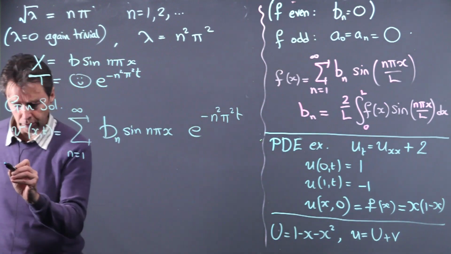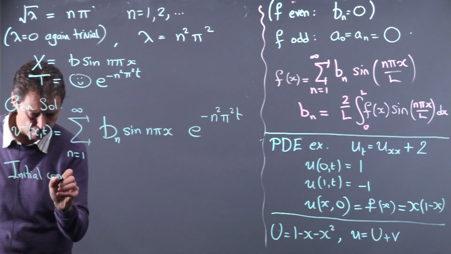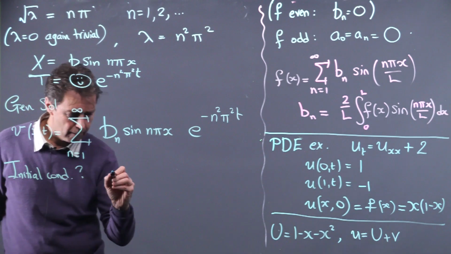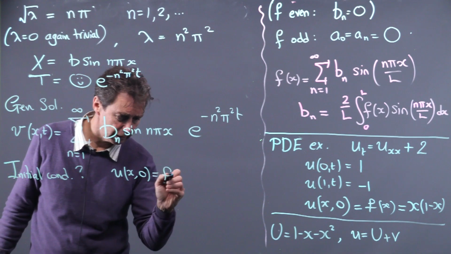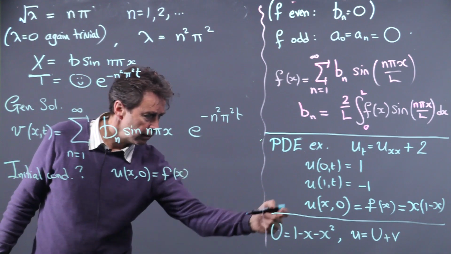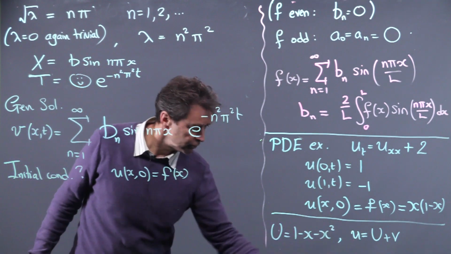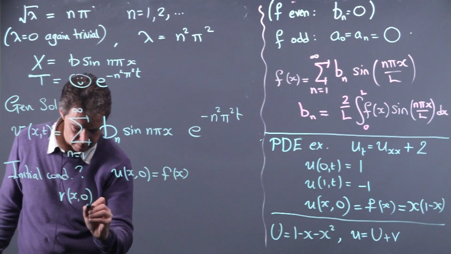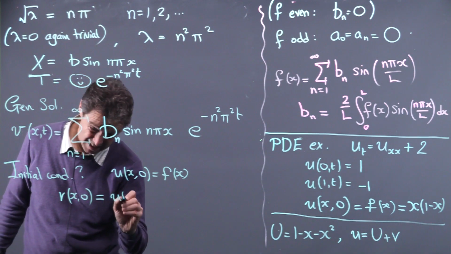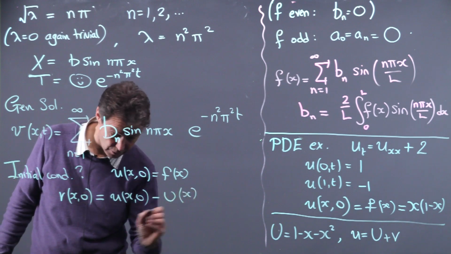All right, so what's the initial condition? We have to go back to u at this point, because we had u equal to f of x at t equal to 0. And we've got this relationship between u and v. So v at t equal to 0 is actually u at t equal to 0 minus the steady state solution.